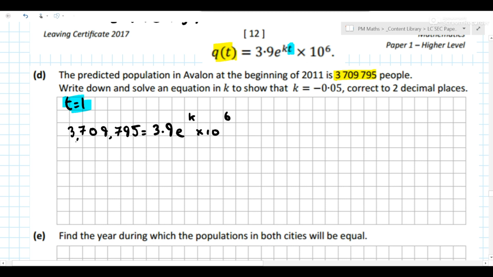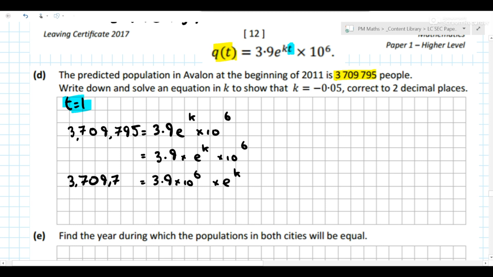Okay. So, on the right hand side, it's kind of useful to know that the order of multiplication here on the right hand side doesn't matter. So I could write it as this, and then divide to try and get e to the k on its own.